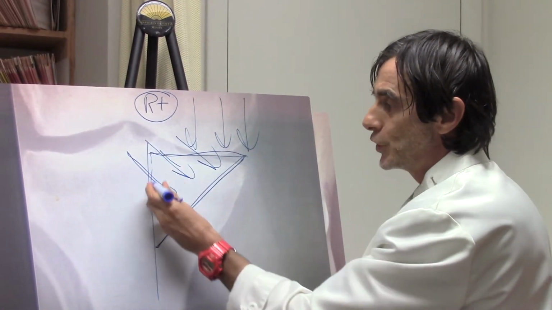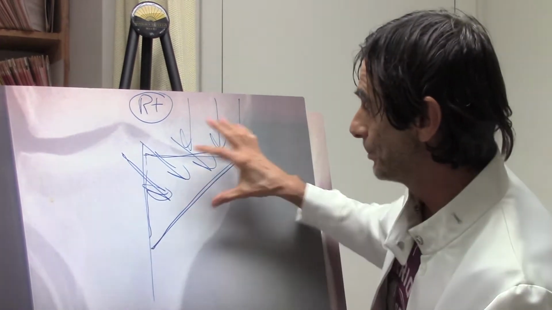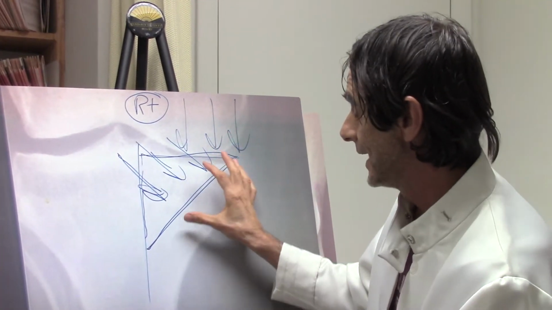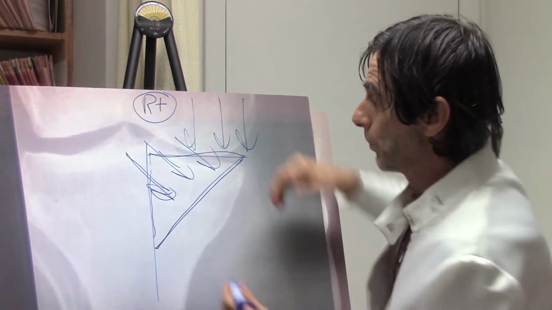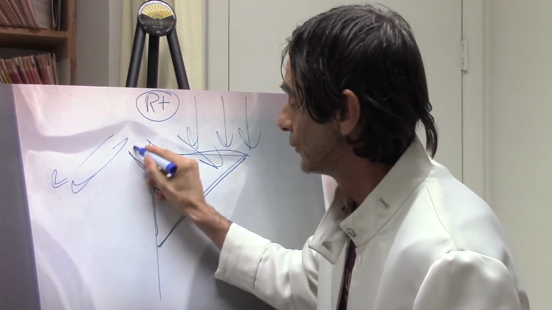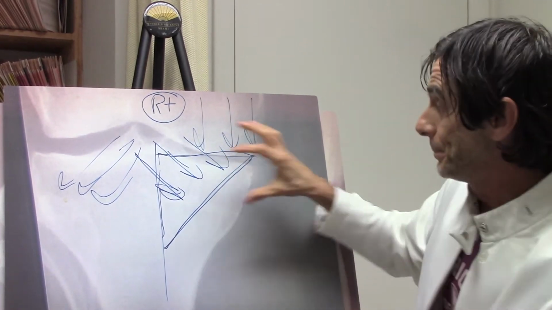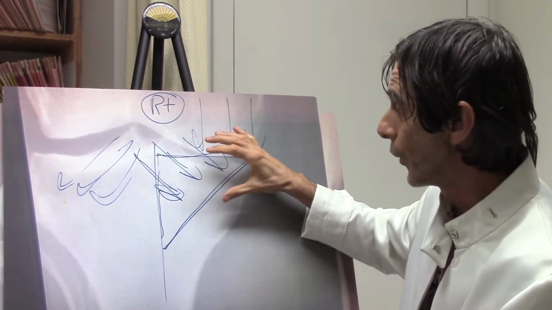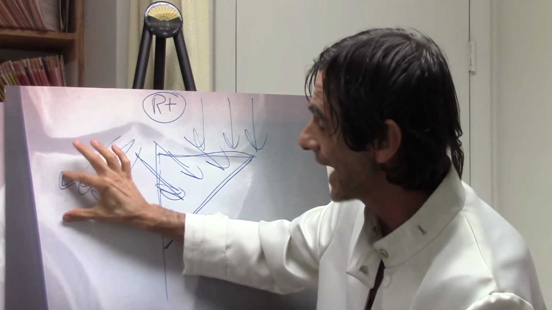In essence, the human knee joint is an inverted pyramid to support the weight-bearing load that comes diagonally.